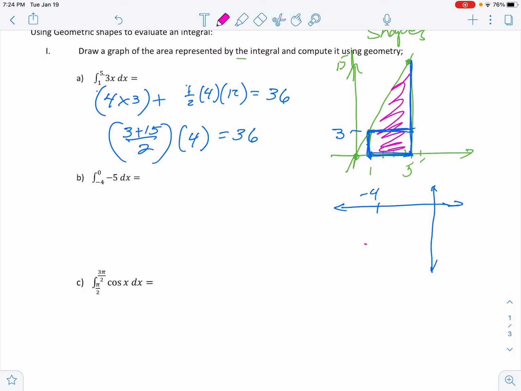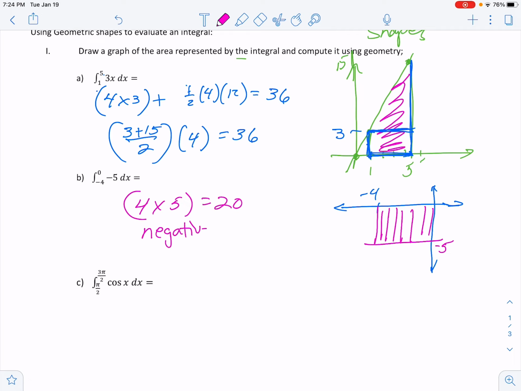The line, this is y equals -5. So I'm looking for this area. It's just a rectangle. So it's 4 times 5, and you get 20, but it's negative. So it's negative 20 units. Why? It's below the x-axis.